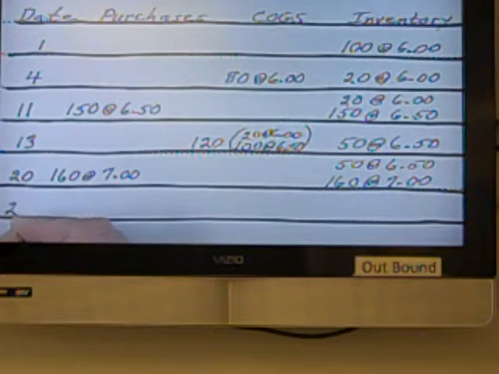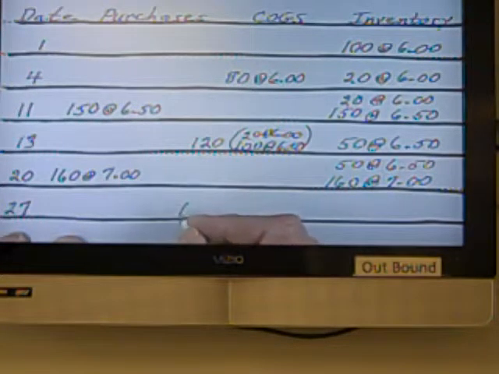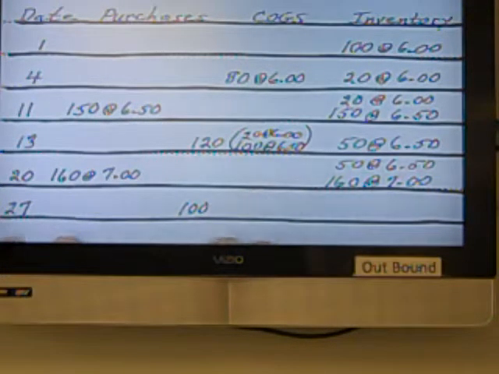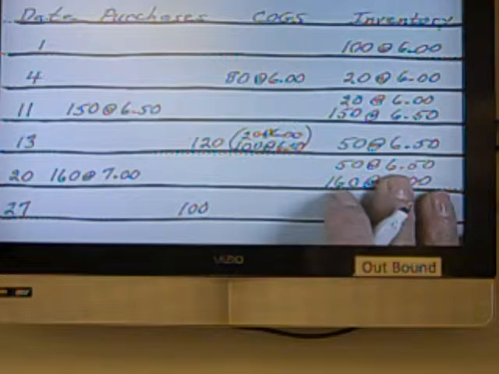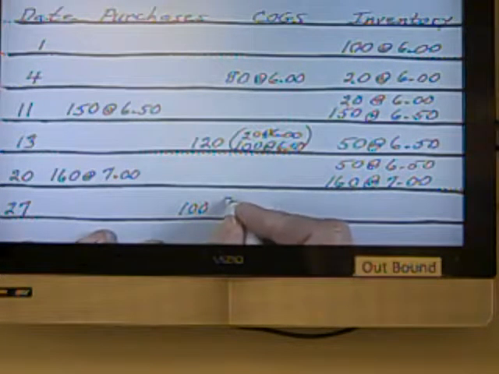Then on the 27th, we sold 100 units. So let's list those 100 right here and let's figure out which 100 we sold. Now remember, FIFO, first in, first out. So these 100 that we sold would have been 50 valued at $6.50.